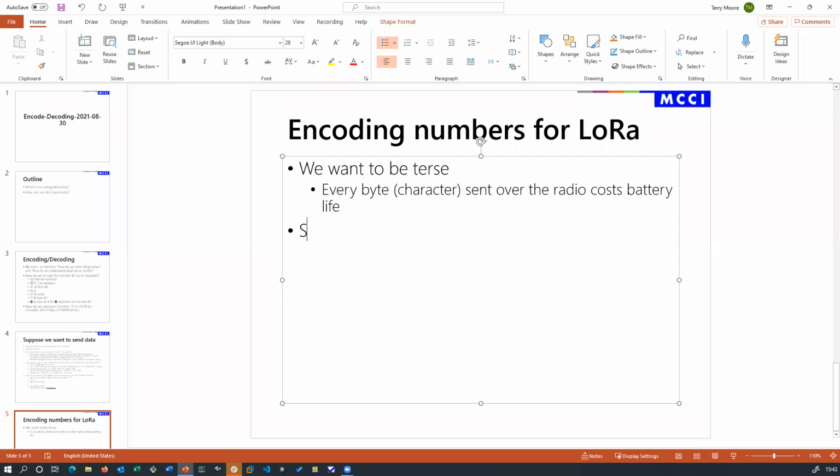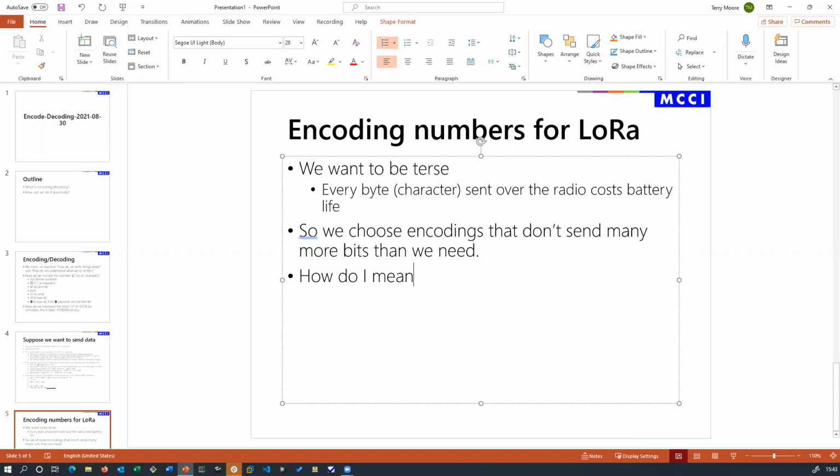So we choose encodings that don't send many more bits than we need. What do I mean? Well, 42 is approximately 2 to the 6th, which means it takes about 6 bits to send 42.